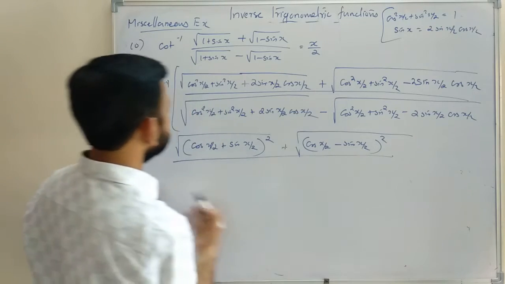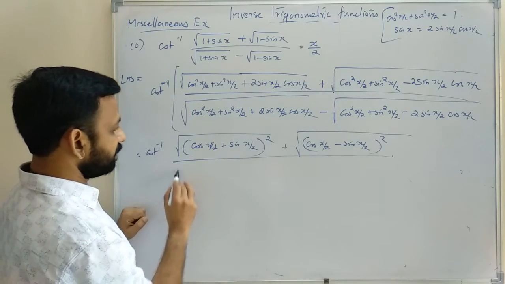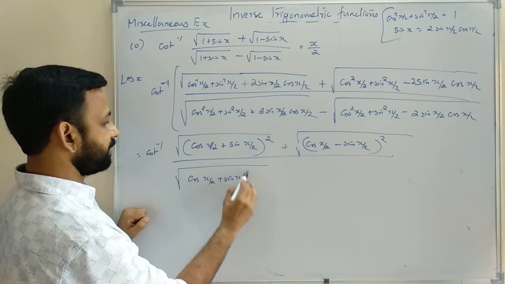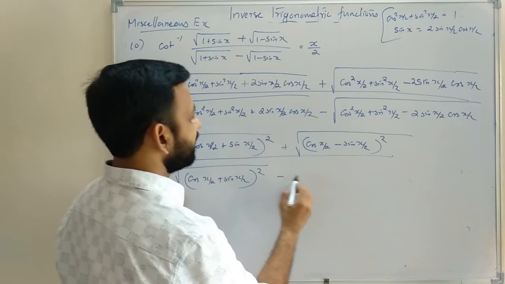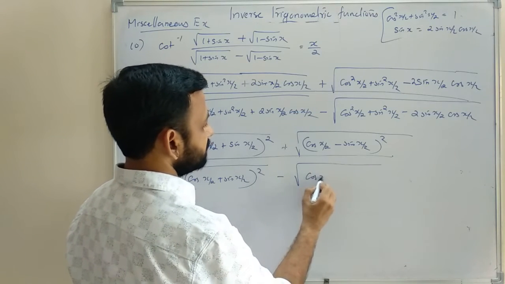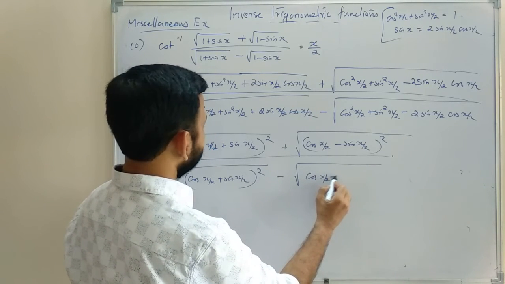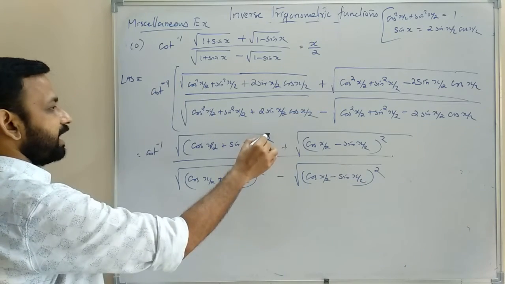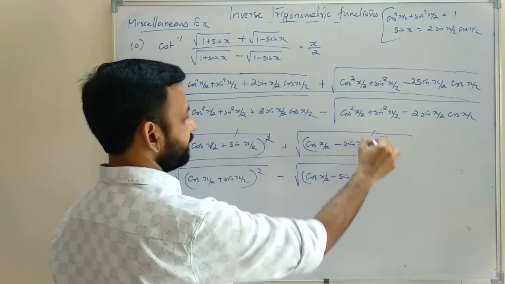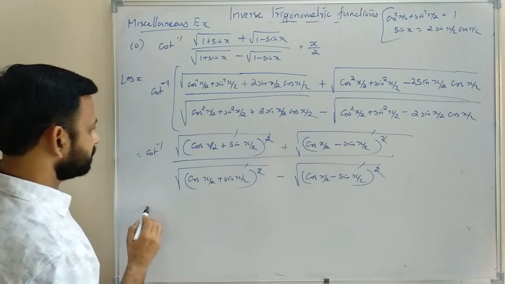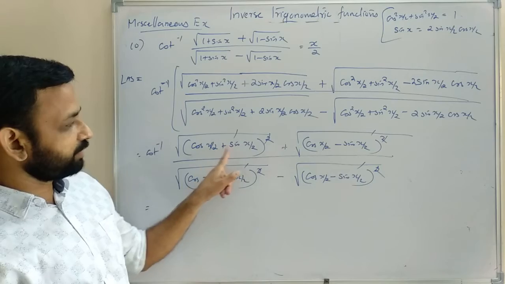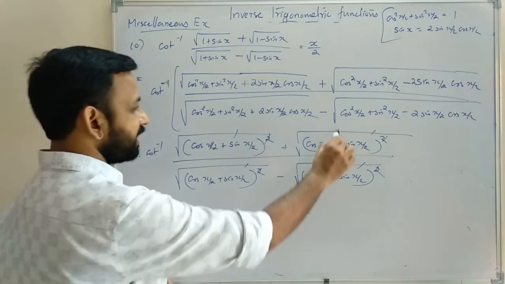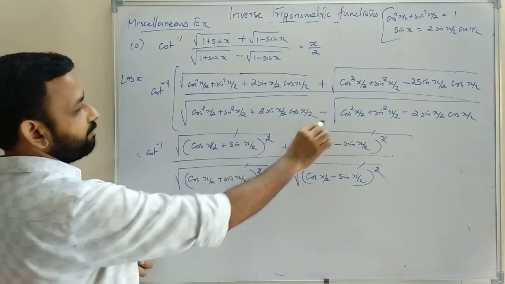Then in the denominator again plus sign, under root cos x by 2 plus sin x by 2 whole square, minus under root cos x by 2 minus sin x by 2 whole square. So here the radical and the square cancelled everywhere. So we will get cos x by 2 plus sin x by 2 plus cos x by 2 minus sin x by 2. So minus sin x by 2 and plus sin x by 2 will be cancelled.